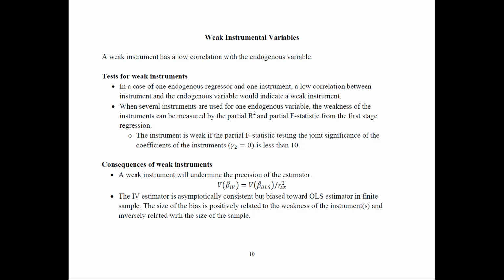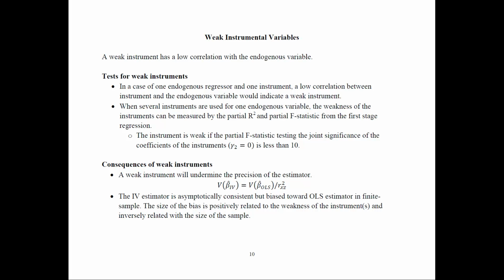If we have several instruments that are used for one endogenous variable, the best way to test for it is to look at the partial R-square or the partial F statistic from the first stage regression. So the regression of that endogenous variable on all the exogenous ones and the instruments.